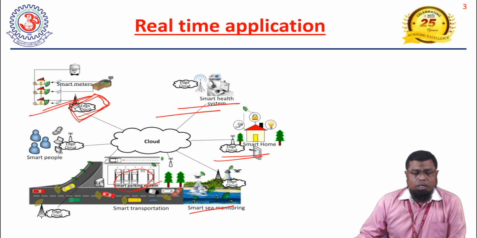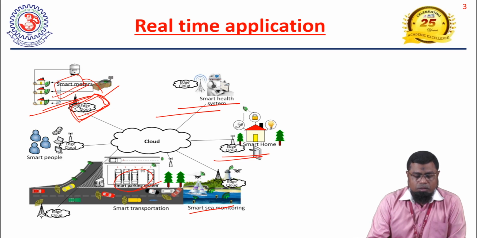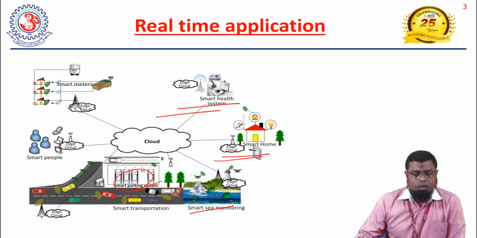Whatever data is generated from this application, smart meters, is going to be offloaded to this edge server, and it is going to be processed in this edge server only. Now all the data related to this particular application is going to be taken care of by this edge server, which is very close to the end devices, the end users of the network.